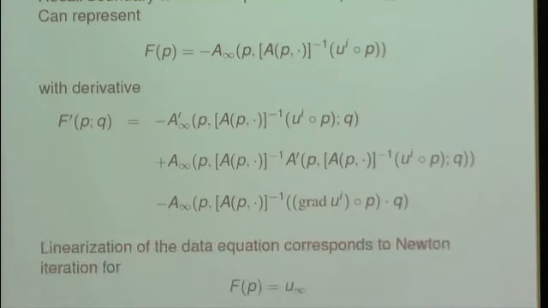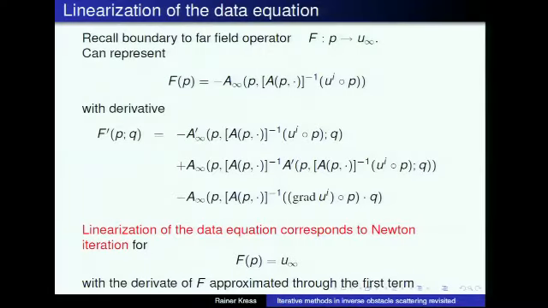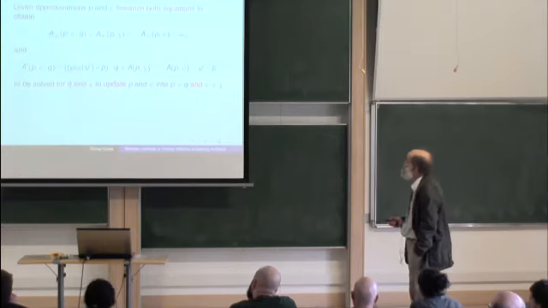So what we can state is the linearization of the data equation in the system of 2 equations corresponds to the Newton iteration for the original boundary to far field equation, with the Frechet derivative approximated only through the first term. So this is a relation between the 2.